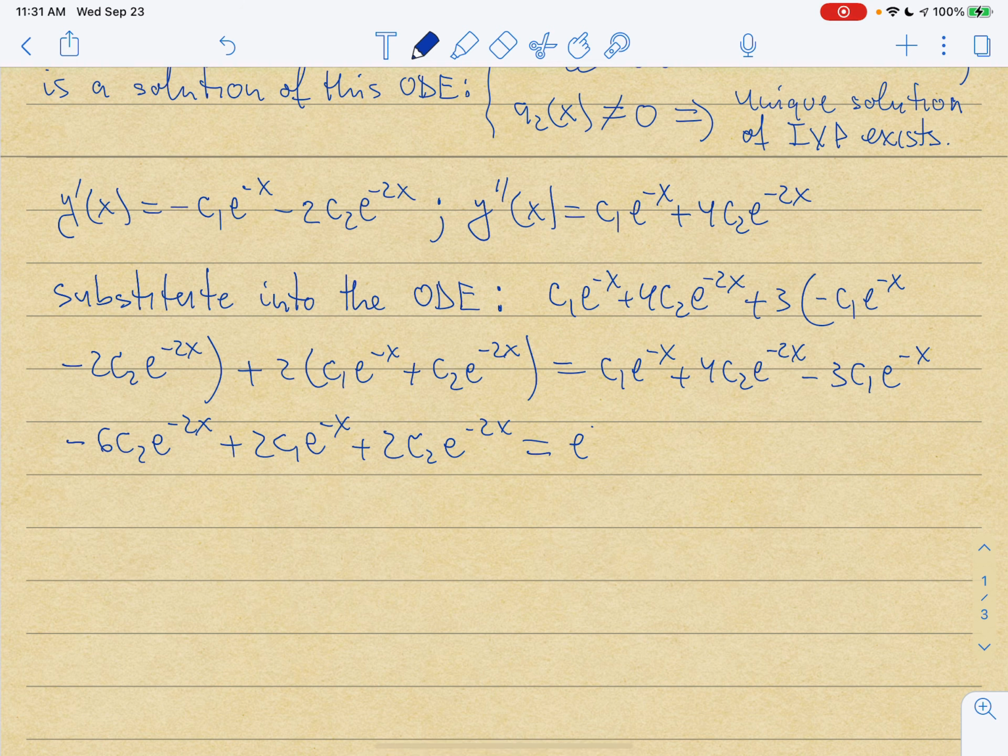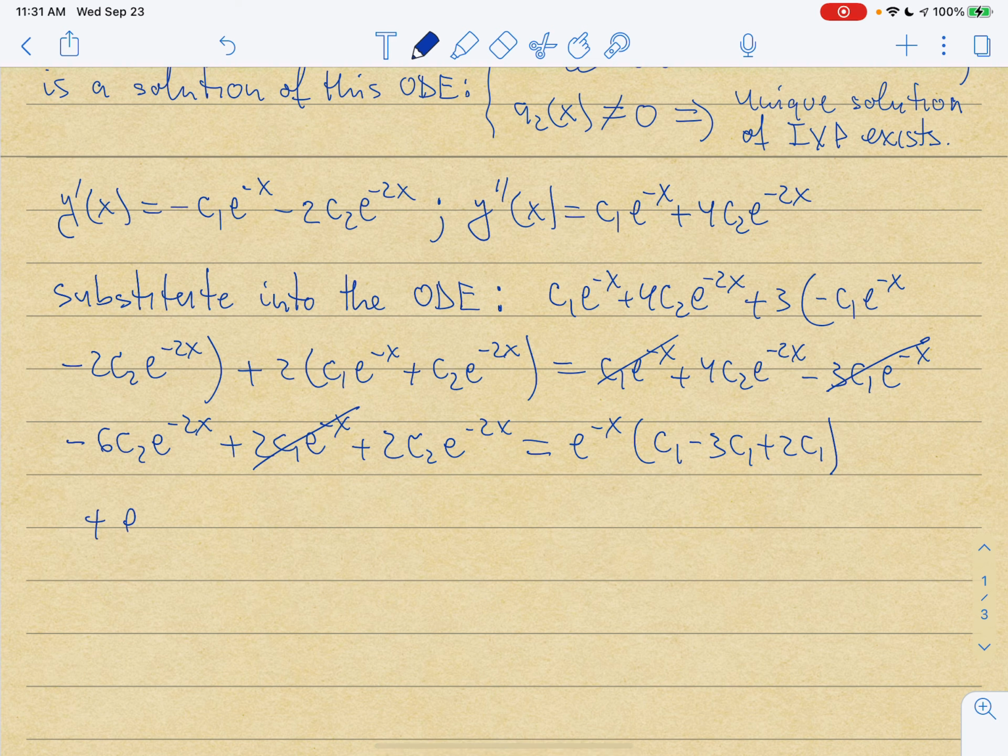For e to the minus x, we have c1, minus 3c1, plus 2c1, and 1 minus 3 plus 2 is 0, so that is gone.